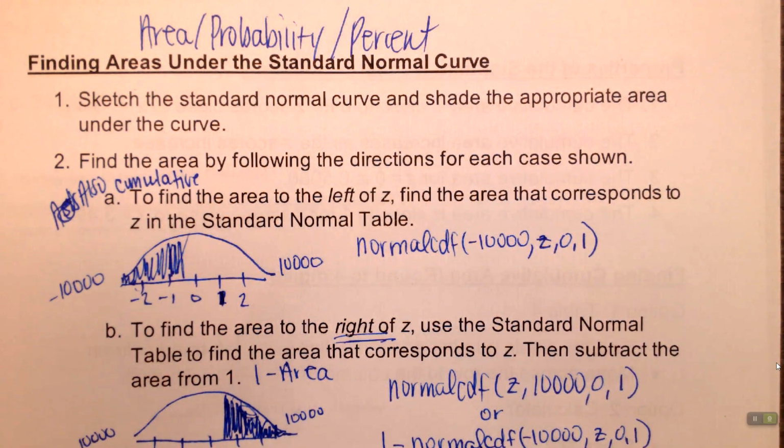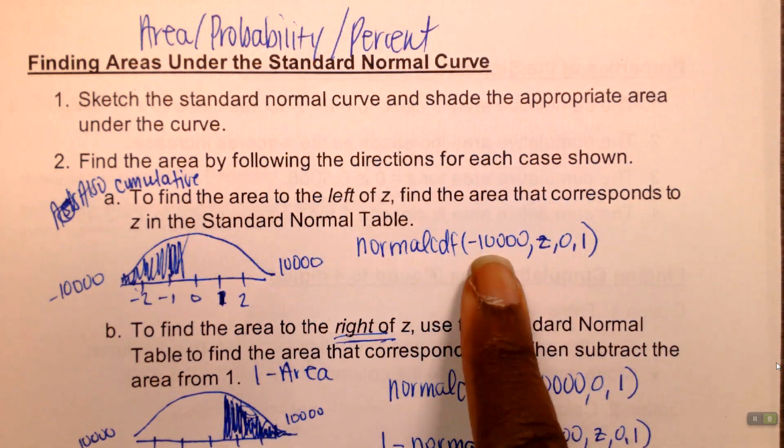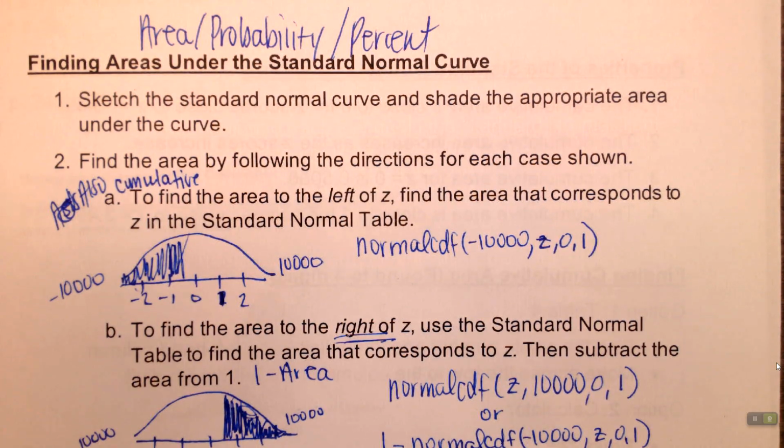So they put the 1 minus on the outside, like we do in binomCDF. If you get confused about whether to put negative 10,000 or positive 10,000, you can do the negative 10,000 every single time and do 1 minus when it's right, just like we did for binomCDF. I do it the other way, but you are able to do that if you like.